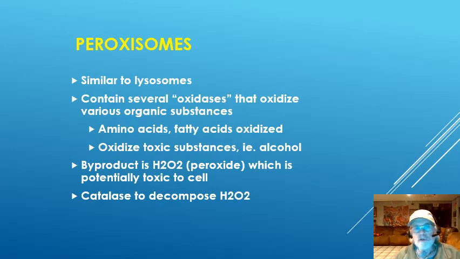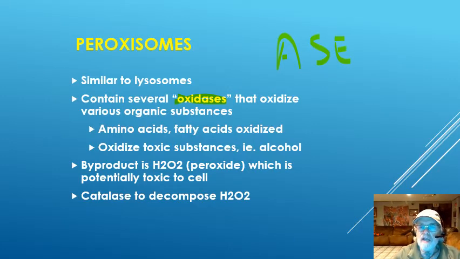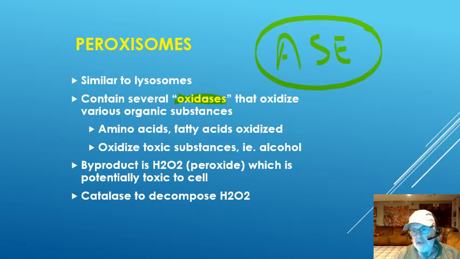Peroxisomes. Peroxisomes are really similar to lysosomes, but they contain what are called oxidases. If you see something that ends in ASE, it usually means it's an enzyme. Not all words that end in ASE are enzymes, but usually it is.